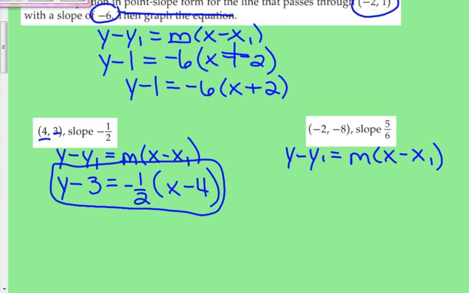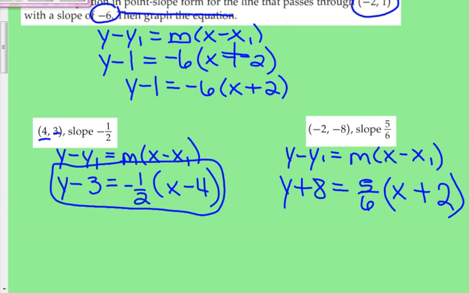So it's y plus 8 equals m, again, is slope, so you plug your slope in right there, 5/6, times x minus -2, so we'll just make it a plus 2. And there's our answer, and it's done. The point-slope again, very easy. Plug in your first point in x1 and y1, your slope into m, and write it out.